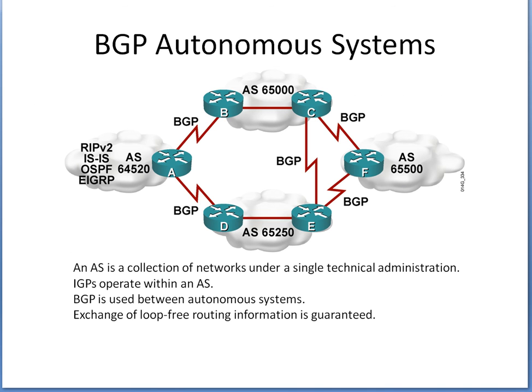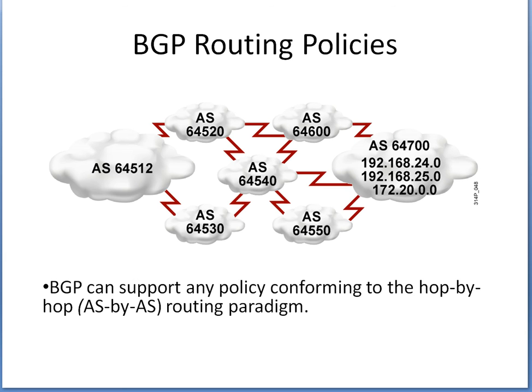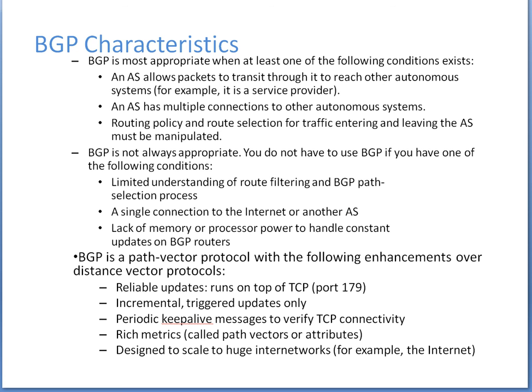Then we discussed what an autonomous system is, what IGP and BGP are, and why BGP is an autonomous system path vector protocol. The port number of BGP is TCP 179. It works on top of TCP 179. It sends periodic updates.